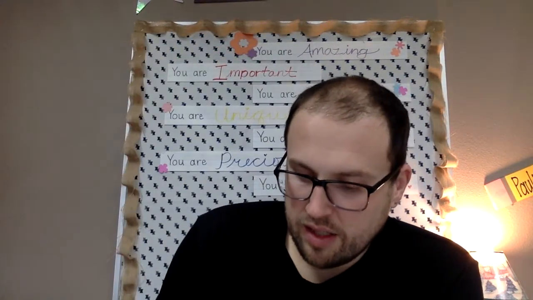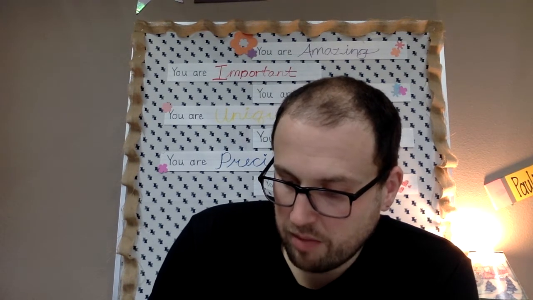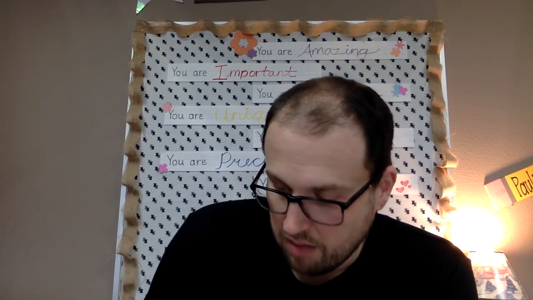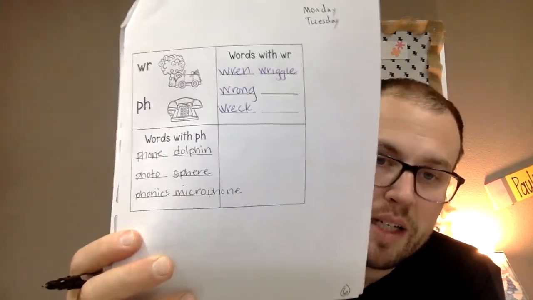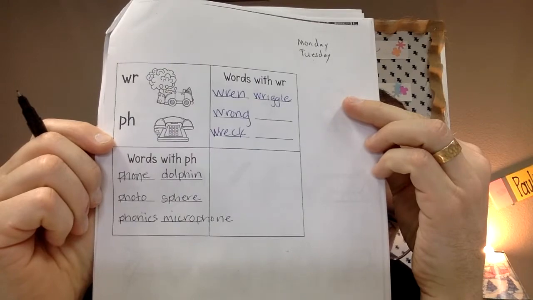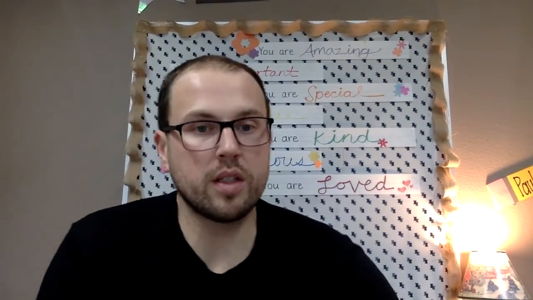And then the last one, how about microphone? Everybody knows what those are. Microphone. So the last one is microphone. All right, you can pause this, copy those down. You can add your own different words if you want to, as long as it has a PH and it's correct.